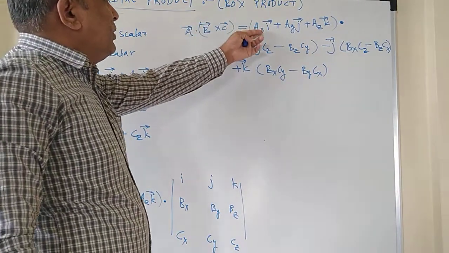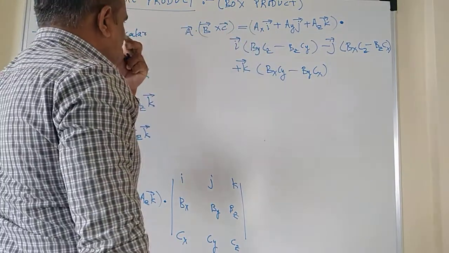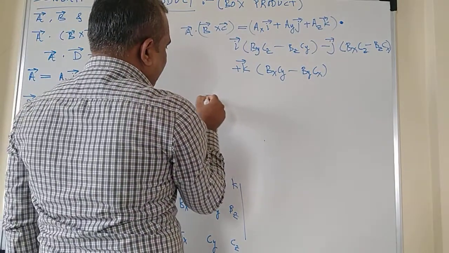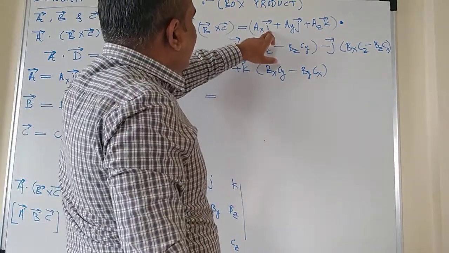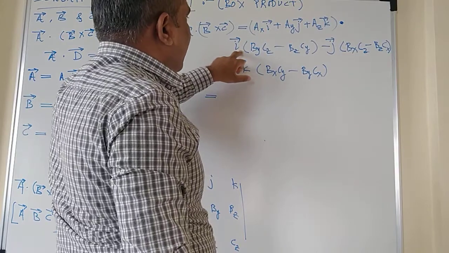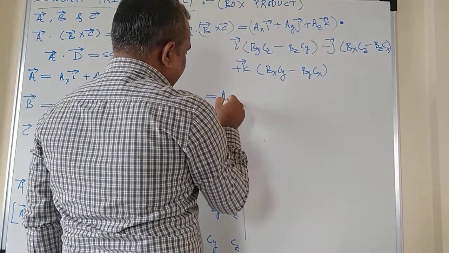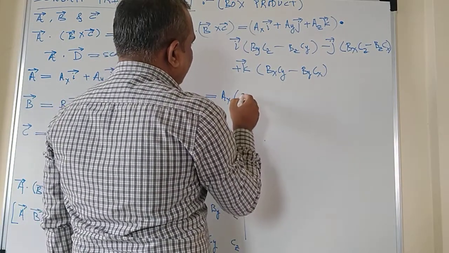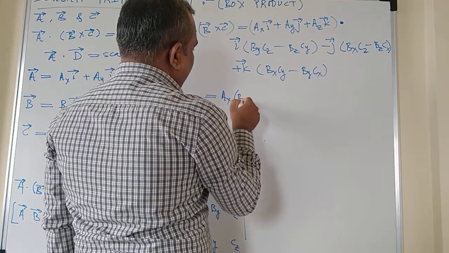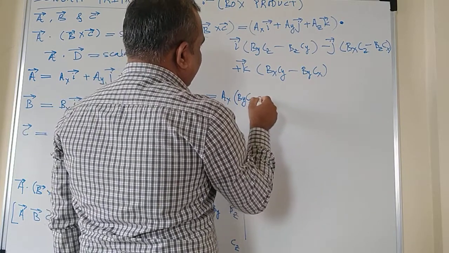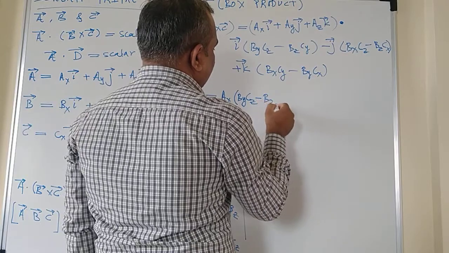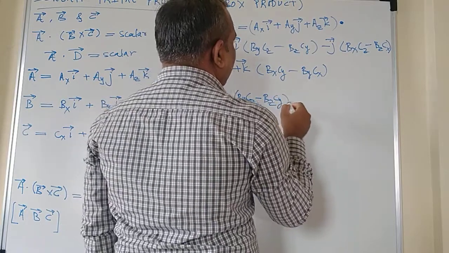Now take the dot product of this first vector with this, and you will get: the dot product of i with i will give you 1, so you will get ax multiplied by this bracket, by cz minus bz cy.